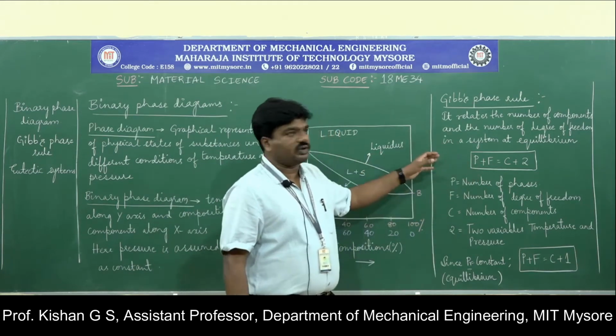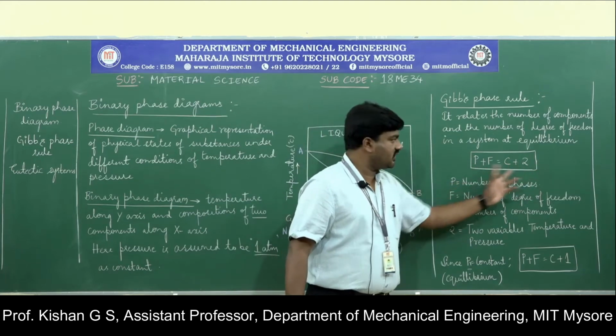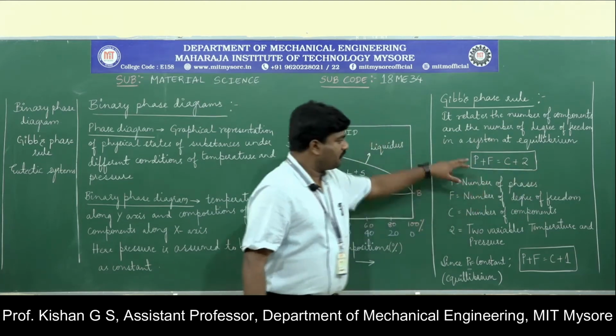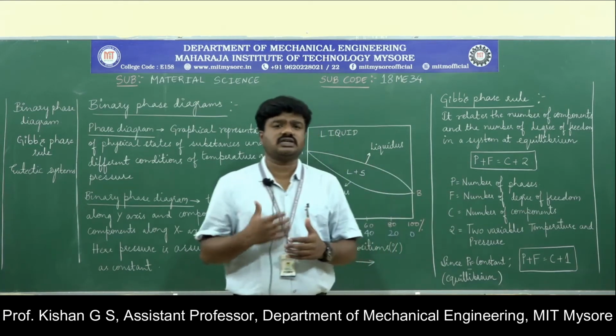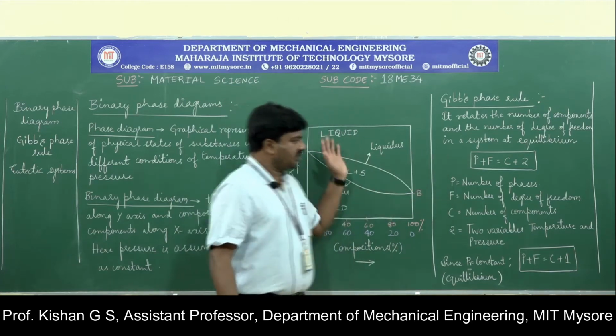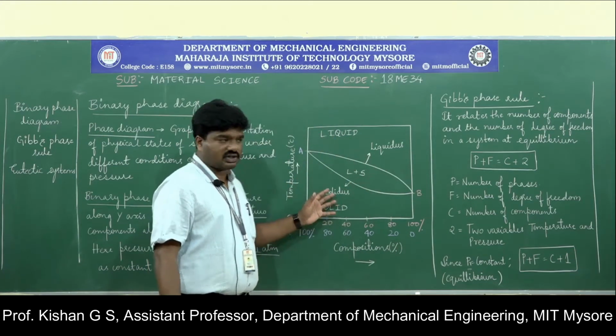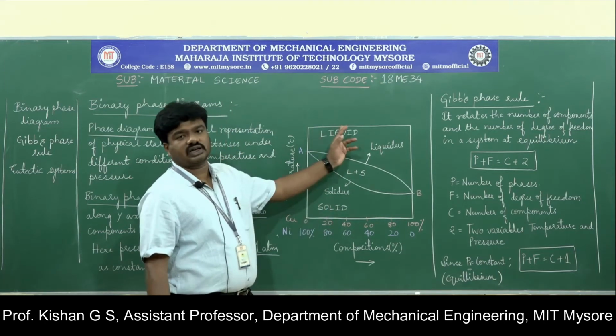It is represented using the equation P plus F is equal to C plus 2. What do these values represent? P represents the number of phases in which the components are being considered. So here, nickel is available both in solid and liquid state.